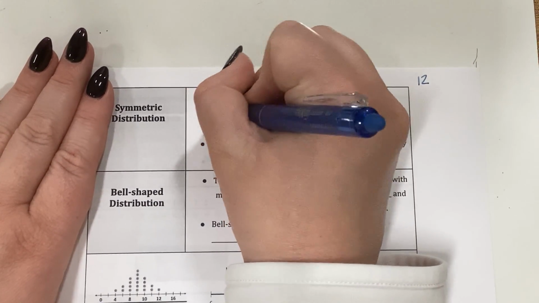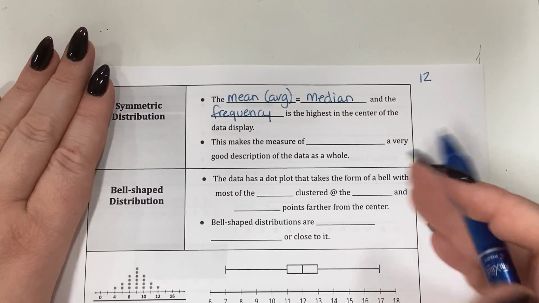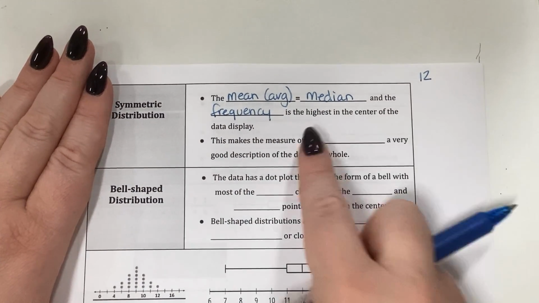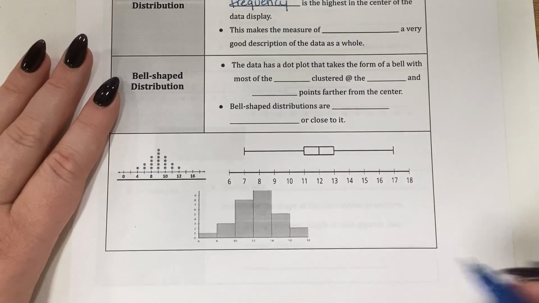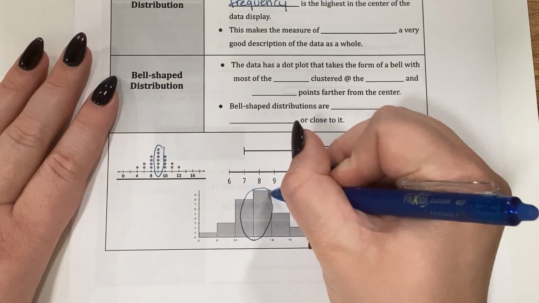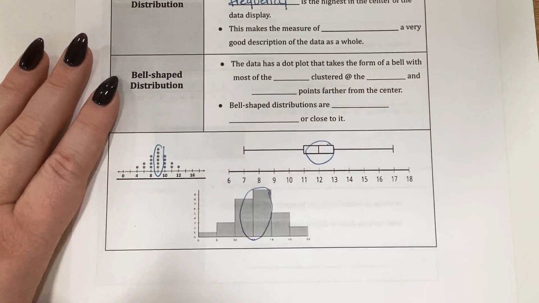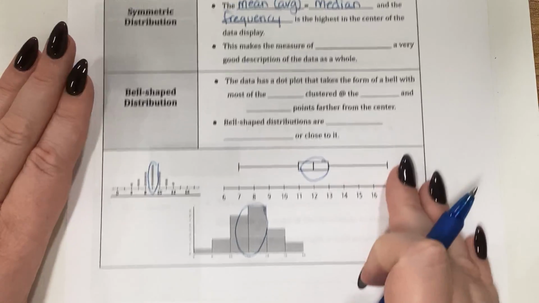And the frequency, so the data that occurs the most, is the highest in the center of that data display. So if you look at these pictures down below, again, here is the middle, here are the middle pieces, and here's 50% of the data. All right, most of the data occurs in the center.